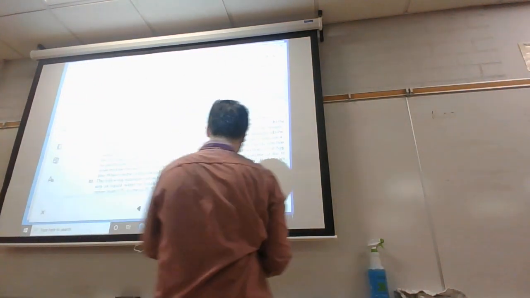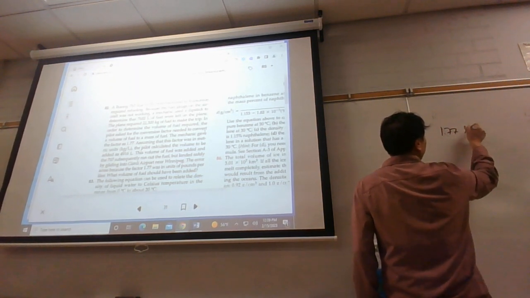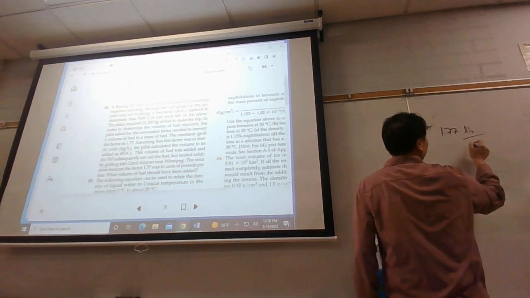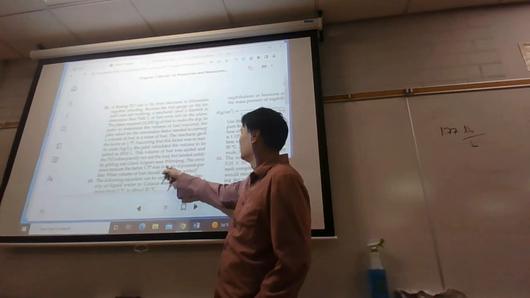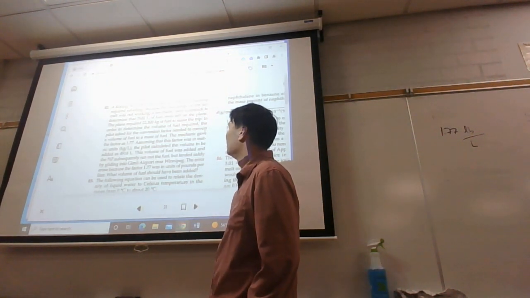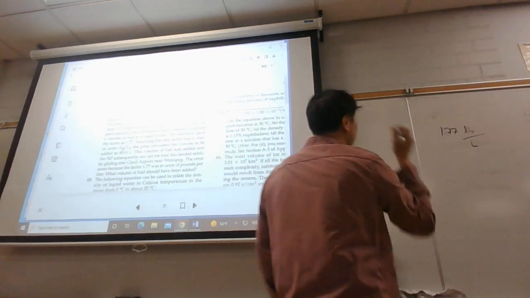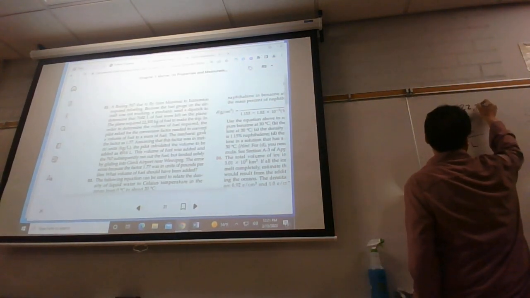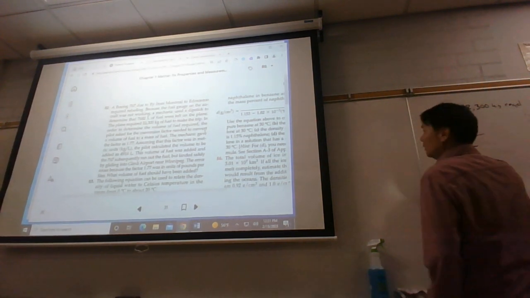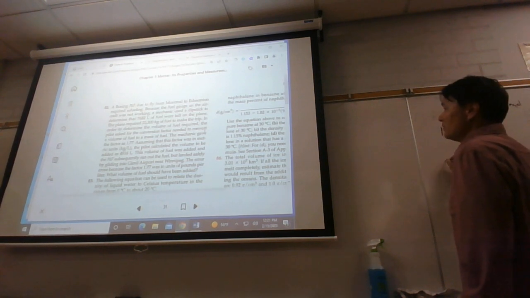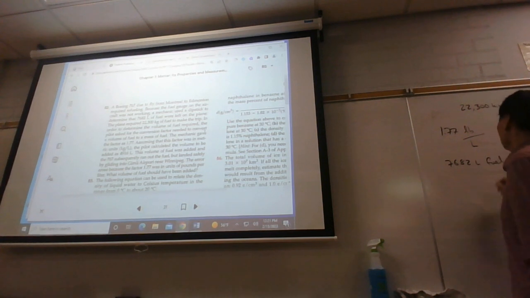This is kind of a weird density: 1.77 pounds per liter. So then we can figure out, well, we require 22,300 kilograms of fuel. And at present, there was 7,682 liters of fuel in the plane.